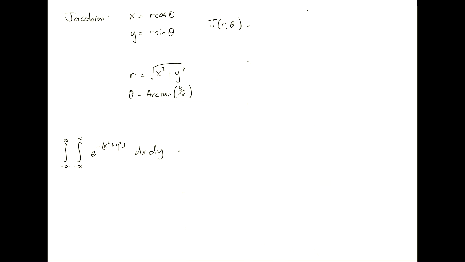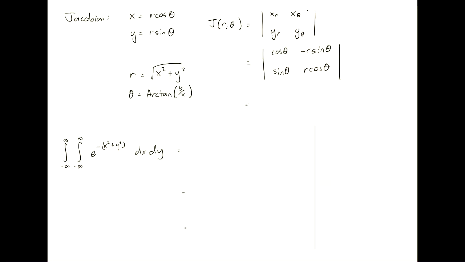Whenever we do a change of variables, first thing we do, you don't even think about anything else until you've done this. You come up with a change of variables, you calculate its Jacobian determinant. So x_r, x_theta, y_r, y_theta, which is equal to cos theta, minus r sine theta, sine theta, r cos theta.